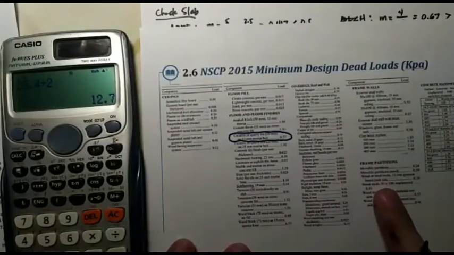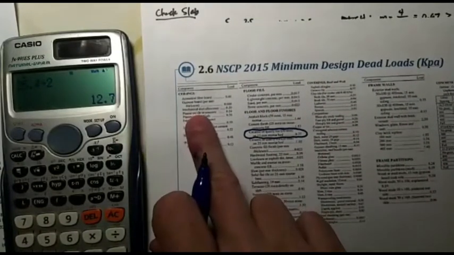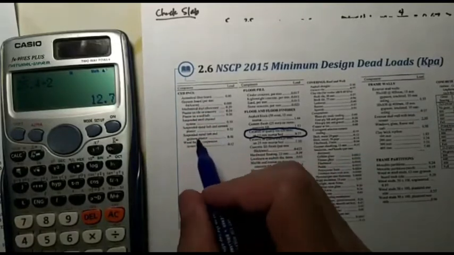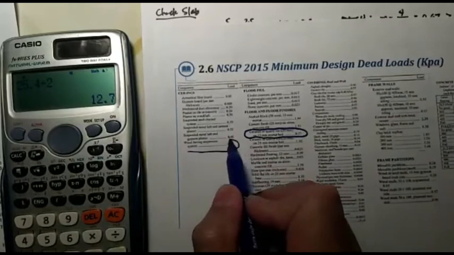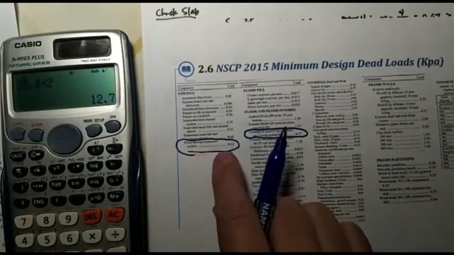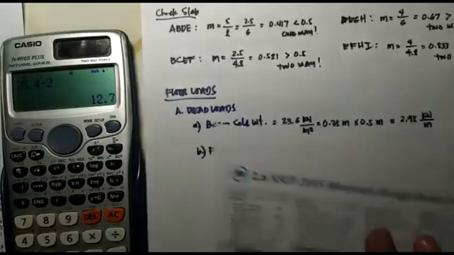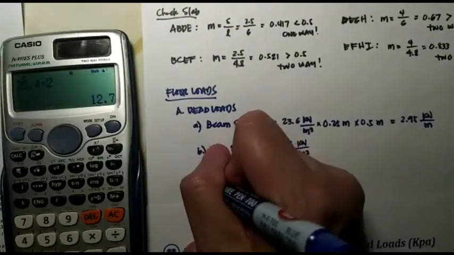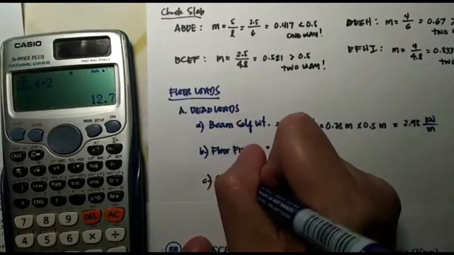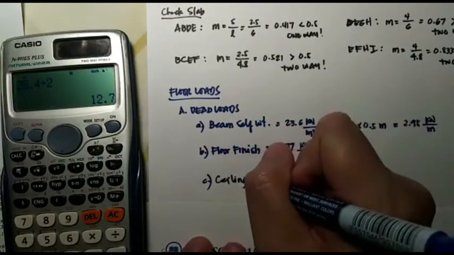Ceiling. So nasa yung ceiling. Ito, ceiling. Tapos ang ginamit daw is wood furring. Okay, wood furring suspension system for ceiling. So 0.12. So again, letter C. This is for ceiling.